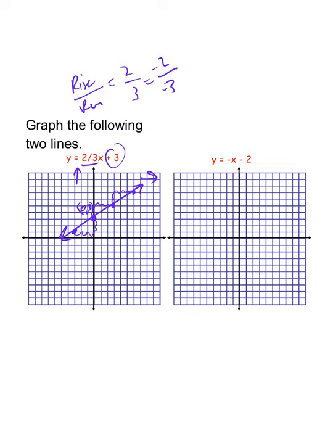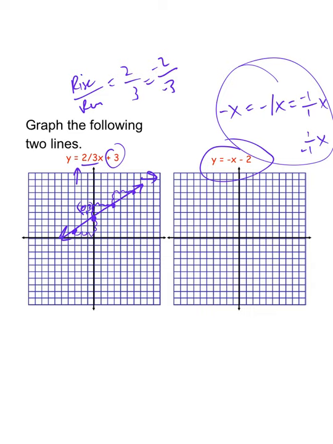Now we look at this second equation. Again, -x is equal to -1x, which for rise over run would be -1 over 1 or 1 over -1. Those are all the same thing. The intercept here is -2, so I'm going to start this at (0, -2).